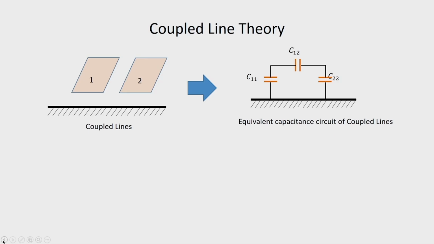So, we can get an equivalent capacitance model for this type of conductor geometries as shown in the figure. We have C11 for the conductor 1, C22 for the conductor 2, and C12 is the capacitance formed between conductor 1 and 2.